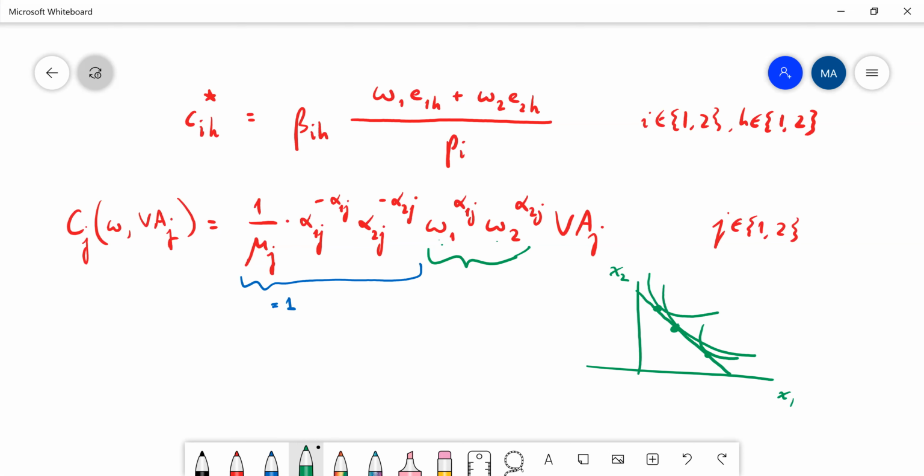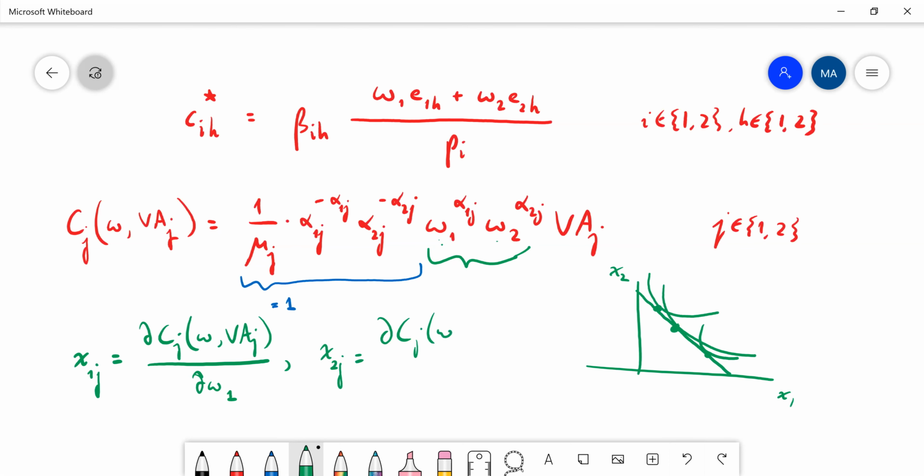All right. So that's the cost. Then you have x1j. Remember this result. Omega 1. All right. And similarly, for x2j, you have the cost function again. And this derivative. All right.